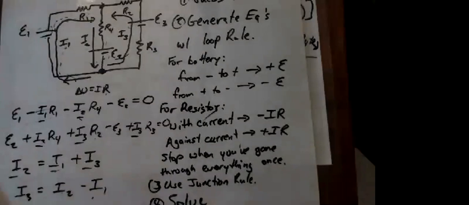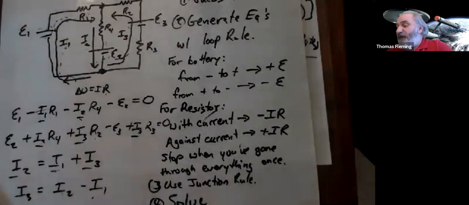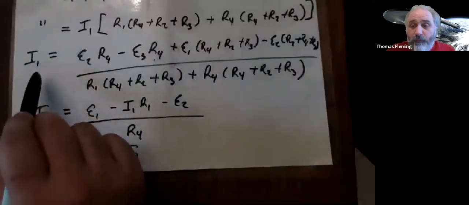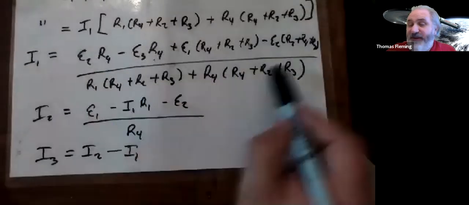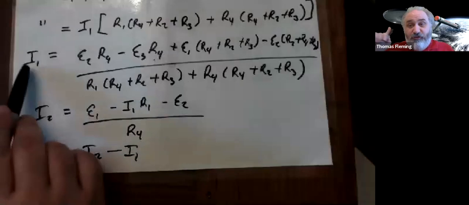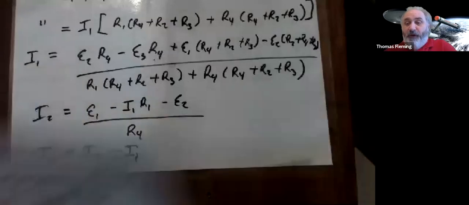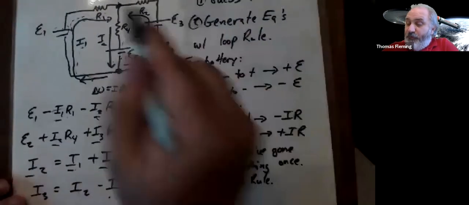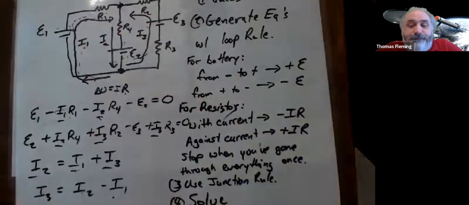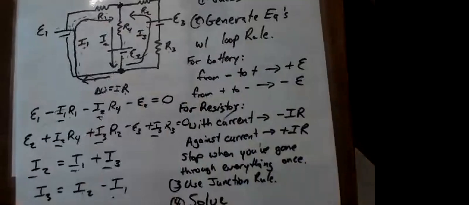So if I plug in my numbers and I get I1 equals negative 2, I would say, aha, I1 is 2 amps, but the direction is not this direction, it's this direction instead. Okay. And that's it. That's the whole deal.